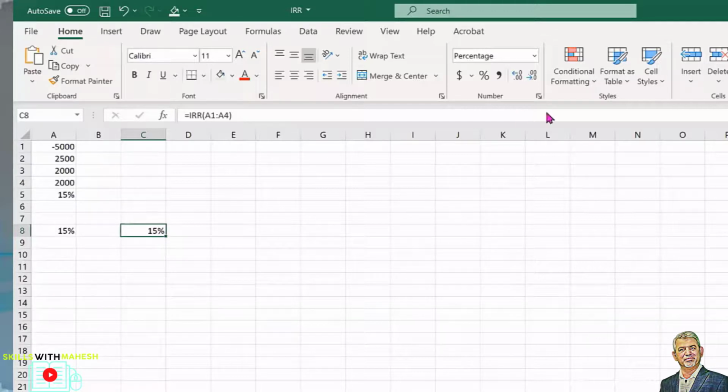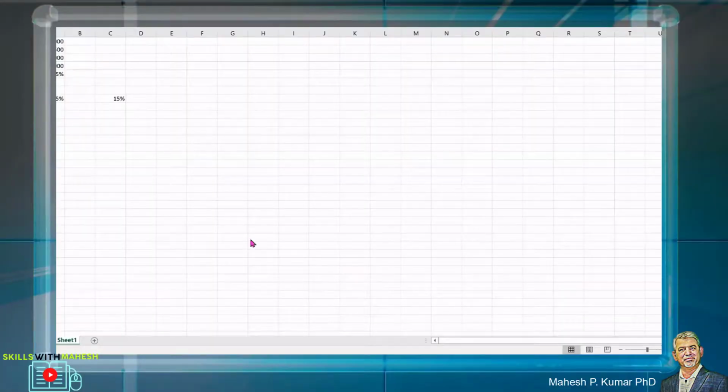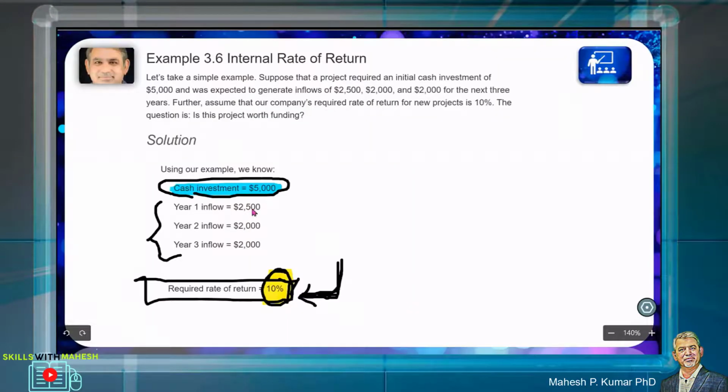So this project, let me go back. 5,000 is the outflow, minus 5,000, and these three more numbers are positive. So a total of 4 numbers are put into this IRR function.